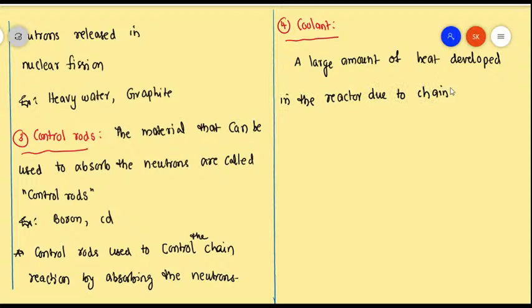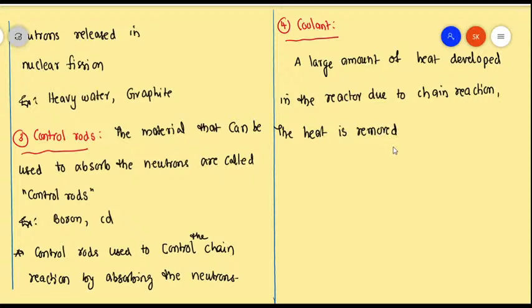A large amount of heat energy is released, right? What will that heat do? We have to absorb that heat energy, then the heat is removed. We have to remove that heat.